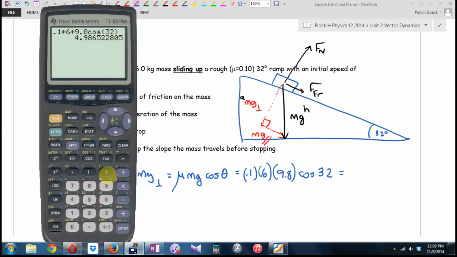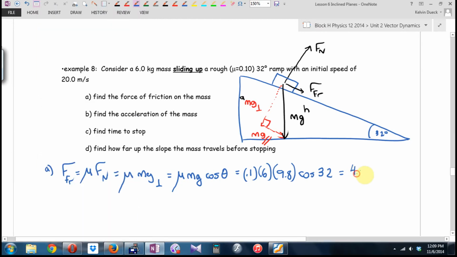Do you get 4.96? You know what? 4.99, if I go to 3 sig figs. 4.99 what? Newtons, force.